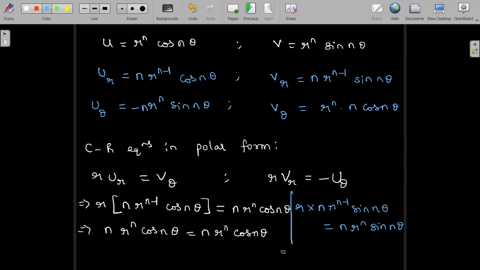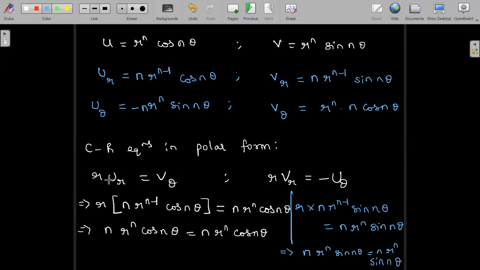On the left hand side, the bases are the same and powers are added: r power 1 into r power n minus 1 gives r power n into sin n theta, which equals the right hand side, n r power n sin n theta. So we observe that LHS is equal to RHS.